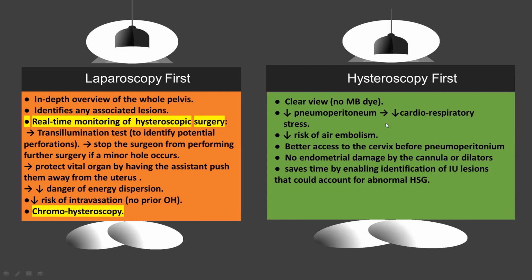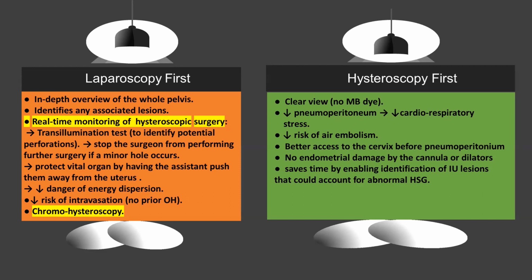On the other hand, if we start by hysteroscopy, the hysteroscopy gives us a clear view, of course, without methylene blue dye. The visualization is better, with decreased pneumoperitoneum, decreased cardiorespiratory stress, decreased risk of air embolism, and better access to the cervix in cases of high cervix after repeat cesarean section, which is pulled upwards.